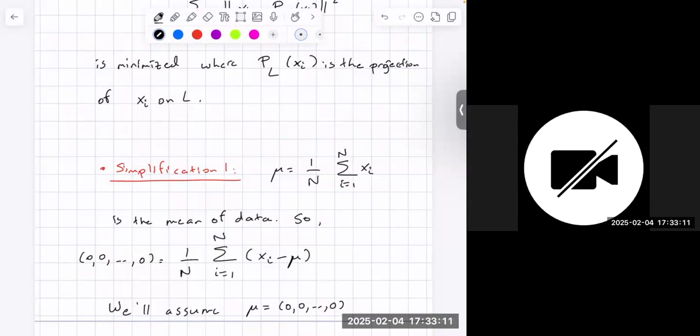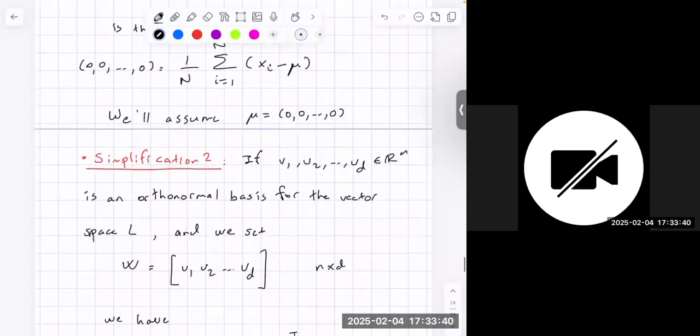Your data points are here and there. If you take the average, maybe it's not the origin, but you could always shift them to put the average on the origin. So one has to be careful if this is assumed in the library you're using, and if your data is not centered, first center it before doing PCA. Just check. In the mathematical derivation, I will assume this is the case because you can always do this.